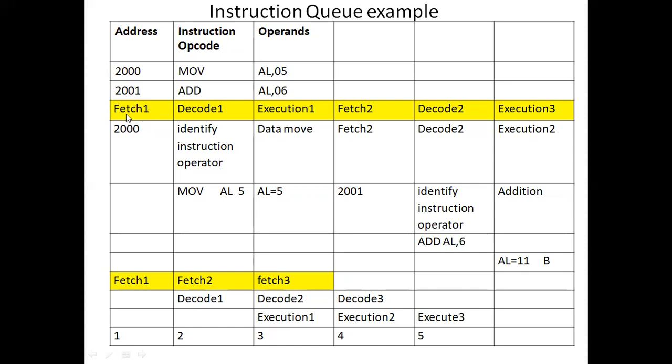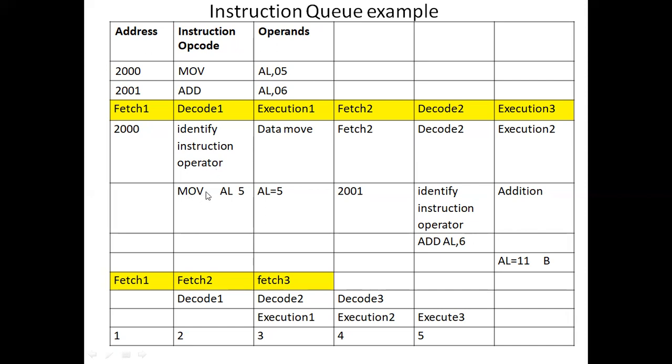It will fetch instruction 1, accessing address 2000 and reading the memory. Then in the decoding stage, it will identify the instruction out of the whole instruction set, which is a data move instruction, and it will identify the operands on which the instruction is operating.